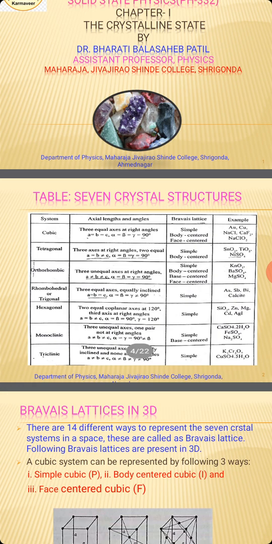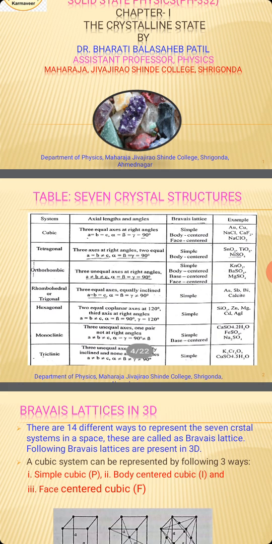And non-primitive unit cell consists of 8 corner atoms, and along with these 8 corner atoms there are extra atoms which are located in the interior of the unit cell. Again, these non-primitive unit cells are classified into body centered, base centered, and face centered.